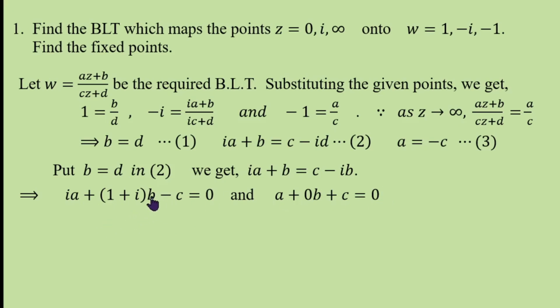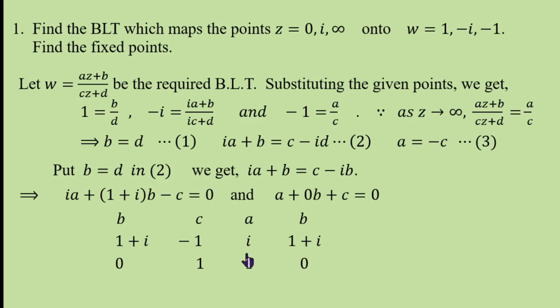Start with B, then C, then A, and again B. Therefore, B, C, A, B. The coefficient of B in the first equation is 1 plus i, in the second equation is 0; the coefficient of C is minus 1 and 1; the coefficient of A is i and 1; again the coefficient of B is 1 plus i and 0. That means, by cross multiplication, the determinant of the coefficients of B and C is A, of C and A is B, and of A and B is C.